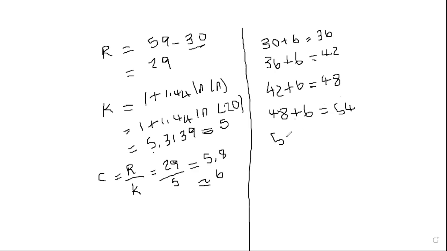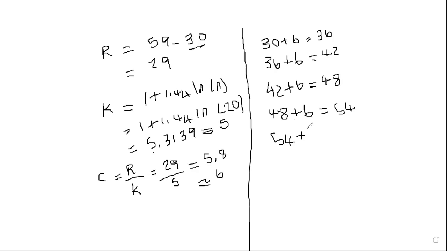Then 54 plus 6 equals 60. Since the highest value from the data set is 59, we can end here, because our class limit can fall within this class boundary, since 60 is greater than 59.